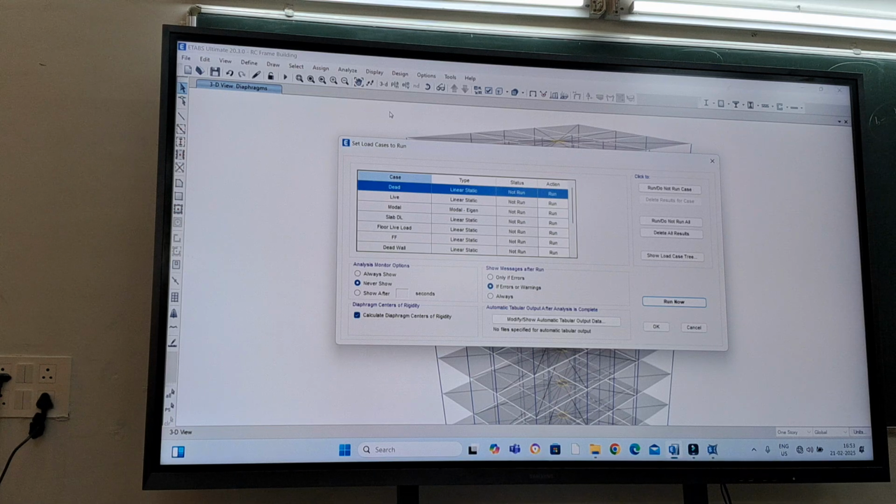So till then you just complete this design. In the last class also I told you, because I have not modeled it fully, load definitions are not fully modeled, so you just complete it and give me one model so that we can use this for whatever further analysis we will be doing.